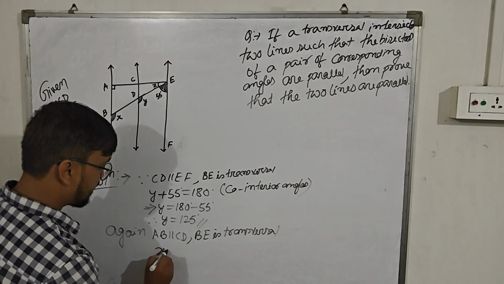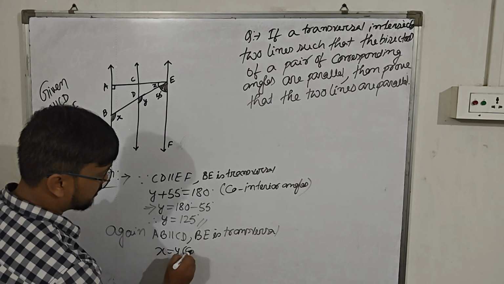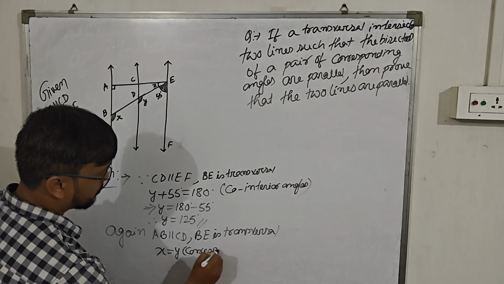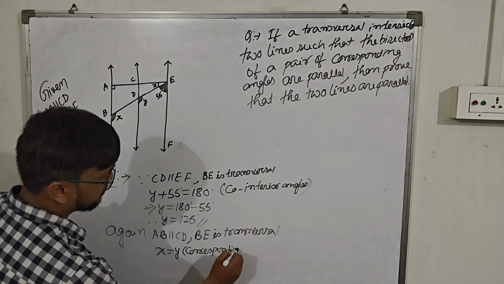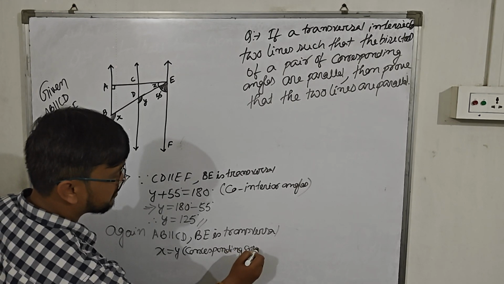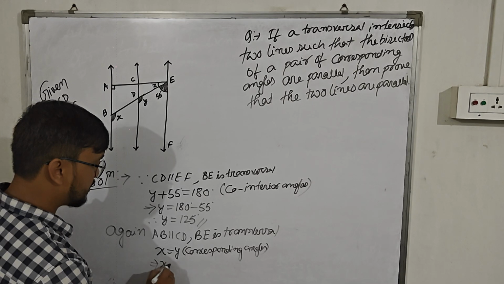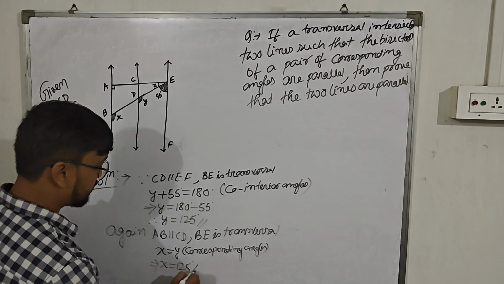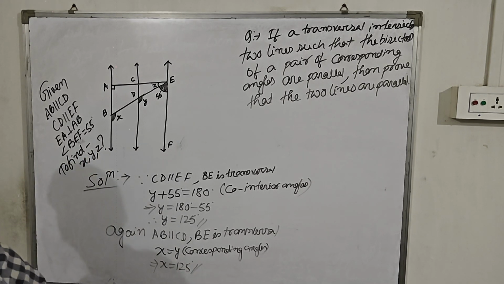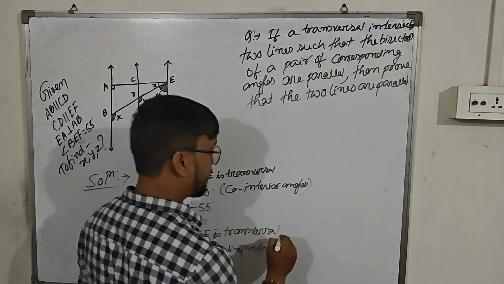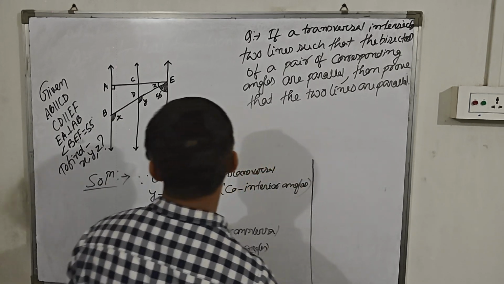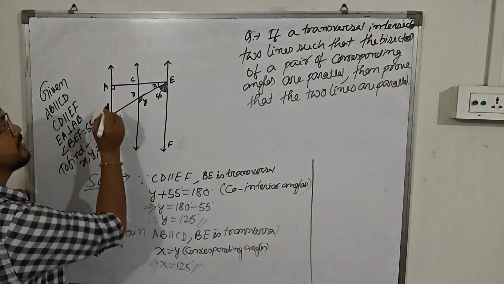So you can write X equal to Y. Why? They are corresponding angles. Now you already know the value of Y, that is 125. So X is also 125.